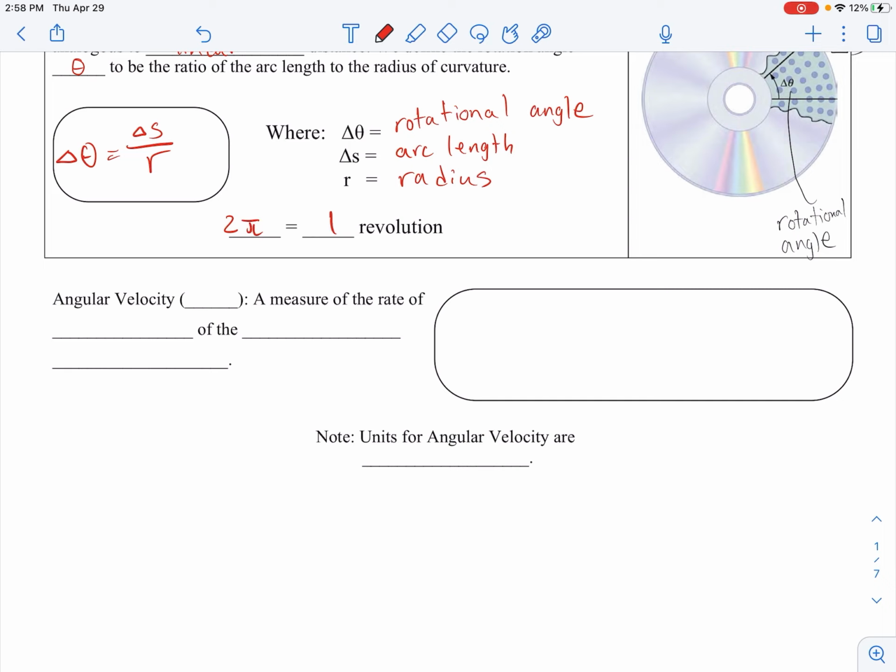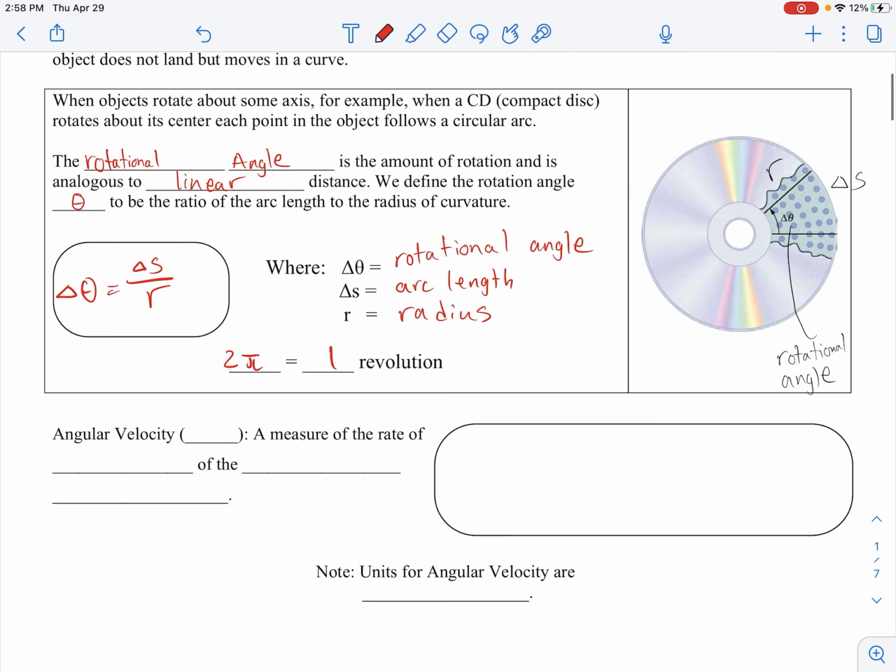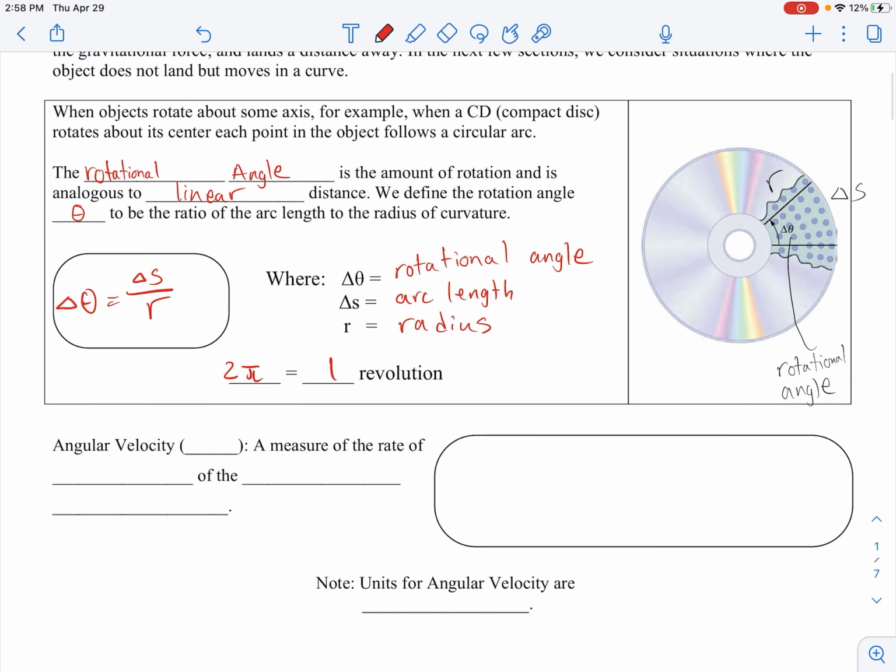All right. So we're talking about kinematics. We're talking about our different variables that are analogous to these rotational variables. So for example, velocity v is going to be analogous to omega, which is our angular velocity.